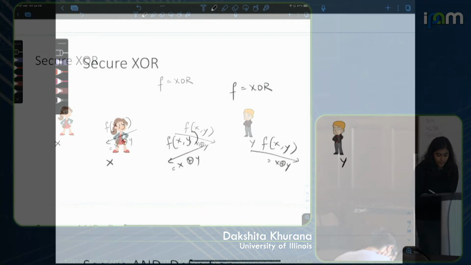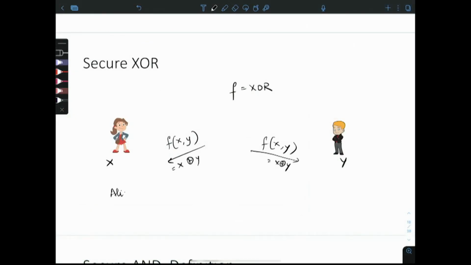Why? Alice, given her input, which is X, and the output, which is the XOR of X and Y, can always find Y, which is the entirety of Bob's input. How do you find it?